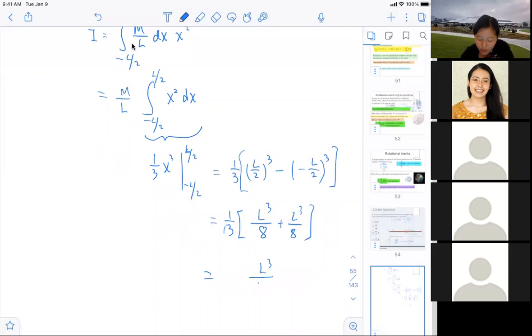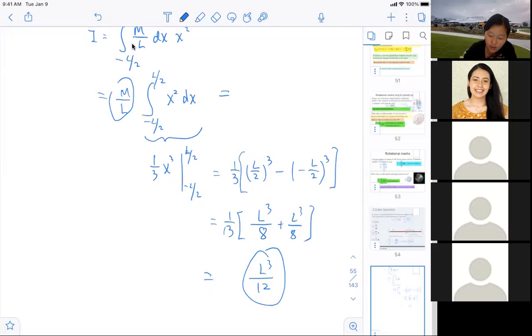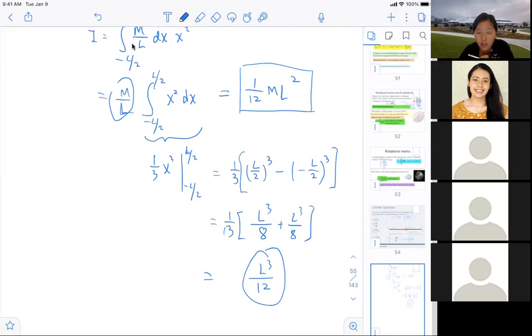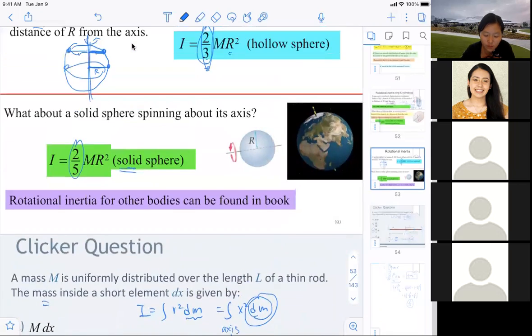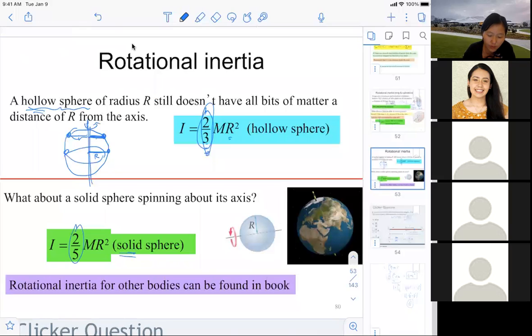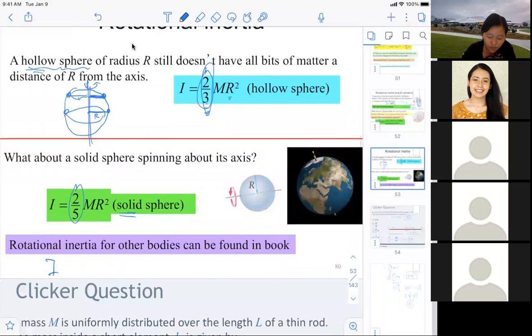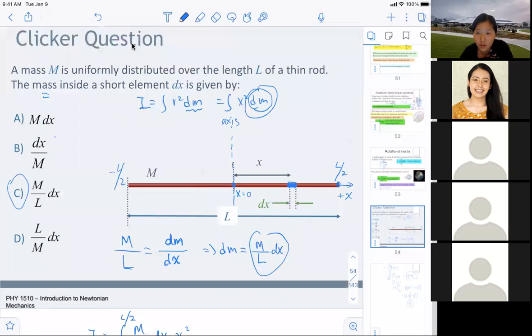Now 3 times 4 is 12. Putting this back with M over L, you get 1 over 12 M L squared, because this L cancels one of the L's. So for a rod, I is 1 over 12 M L squared. That's one more shape we know from this calculation.